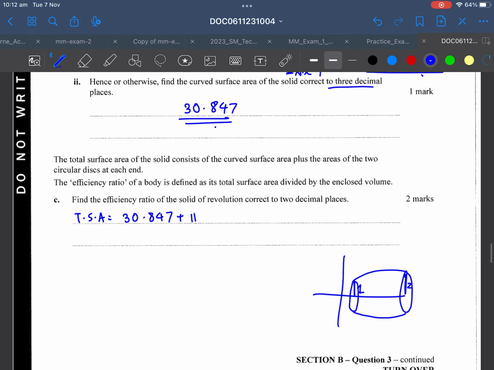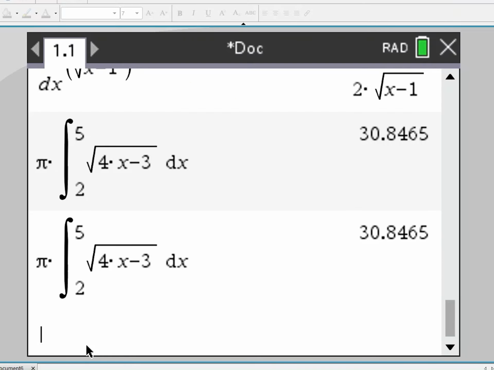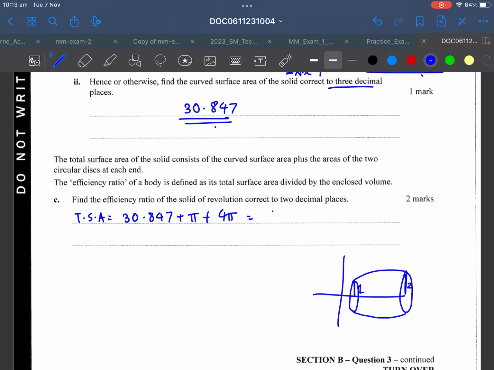30.847, plus pi r squared, so r is just going to be 1, so it's just going to be pi, plus 4 pi, and that is going to give us, just chuck this on CAS again, 46.55, and our volume we had was 15 pi on 2.